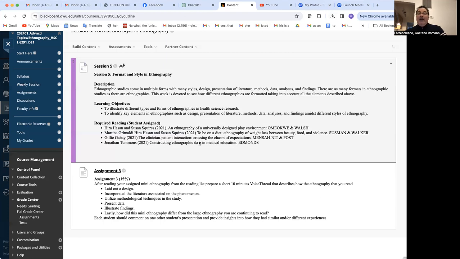And you may, even in clinical work, want to communicate something that's going on using an ethnographic method to provide a short but deep description. So the required readings this week are really to show how an ethnography can be compact. It doesn't have to be an entire book.